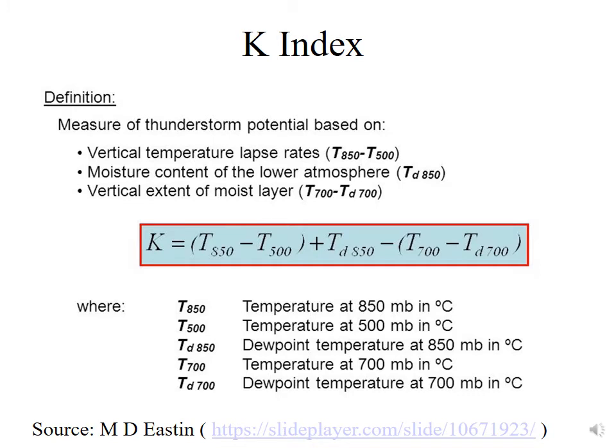You have the low-level moisture, the dew point temperature at 85. And then the mid-level moisture, essentially trying to figure out how deep that moisture extends in the third term. The temperatures in calculating the K index are all in degrees Celsius.